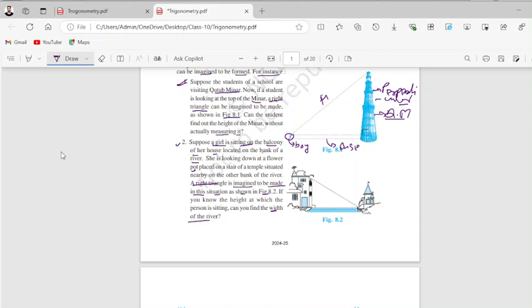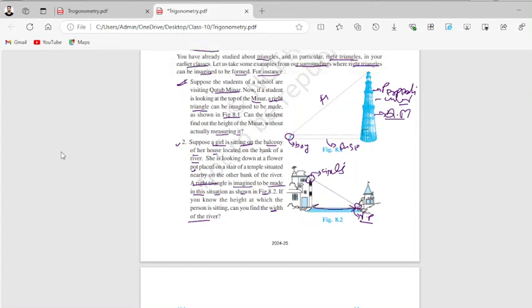This is basically the girl on the balcony, and this is the flower pot. So she is seeing this flower pot and we find this length.